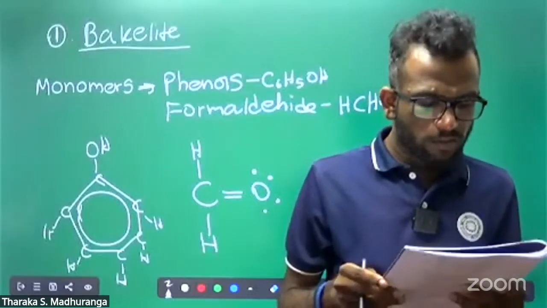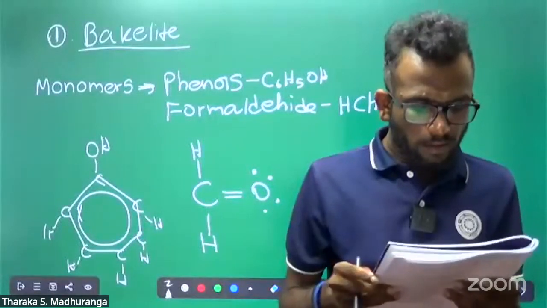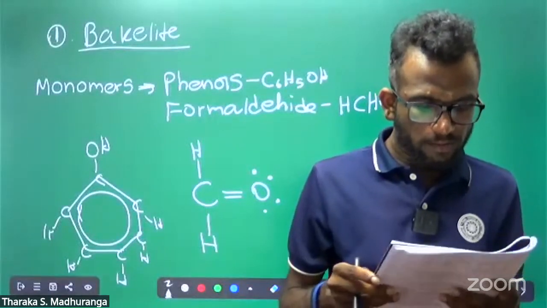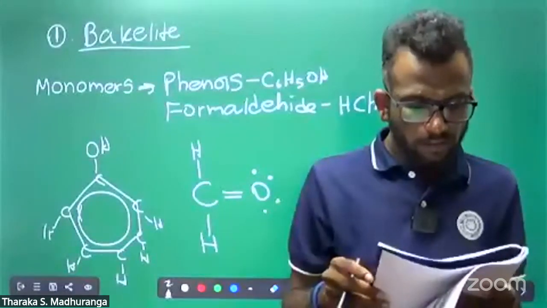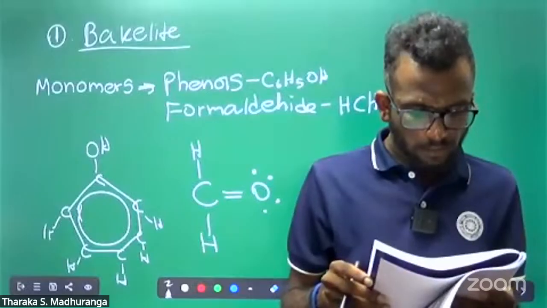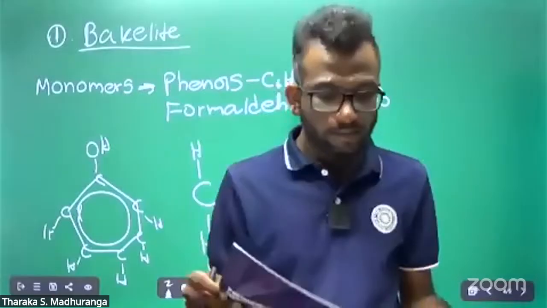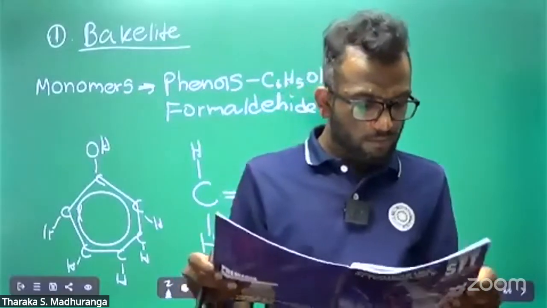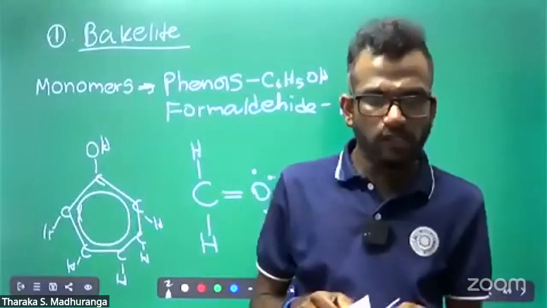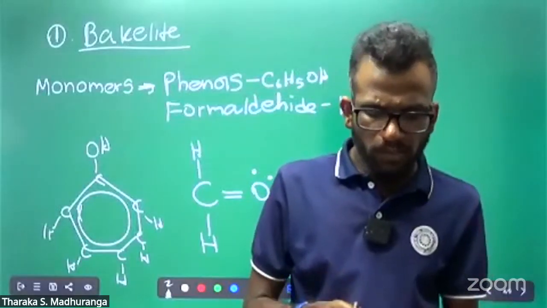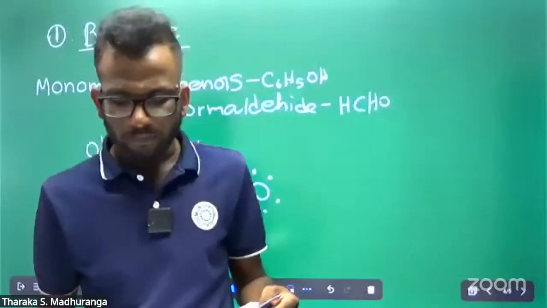And nylon: adipic acid and hexamethylenediamine are the monomers. You only need to remember nylon, bakelite and PET. They are all condensation polymerization, and if you want you can remember a few characteristics.